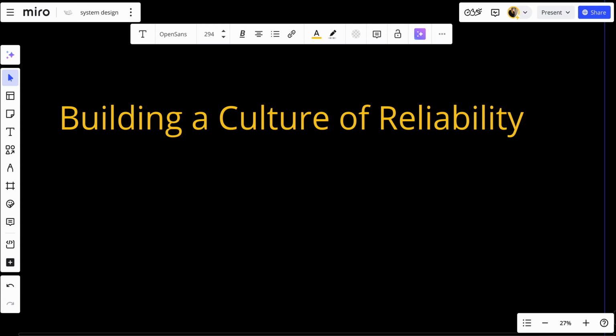At companies like Amazon and Netflix, reliability is a top priority, and teams are structured around ensuring that systems can perform under any circumstances.